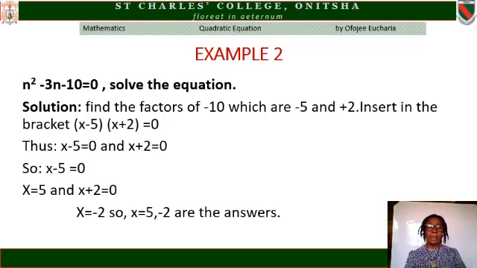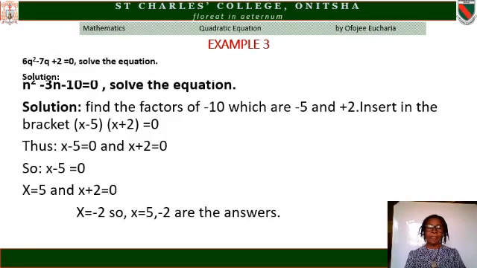When we split them into simple equations, we have x minus 5 equals 0 and x becomes 5. Also in the next bracket, we have x plus 2 equals 0, and so x is equal to minus 2. So the answers for x are 5 and minus 2.